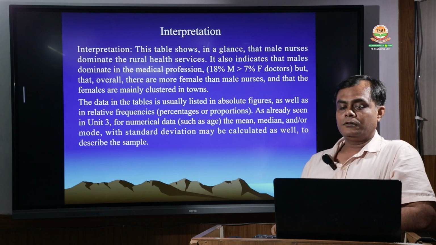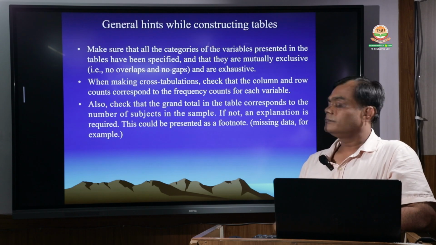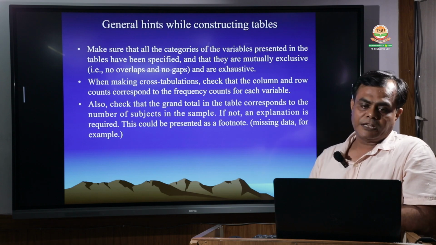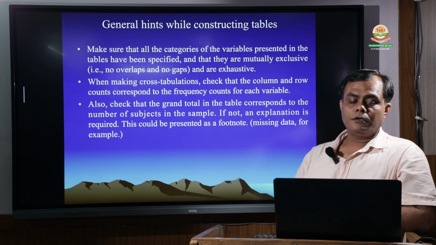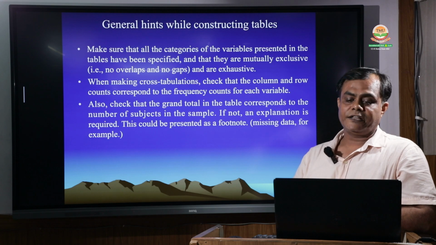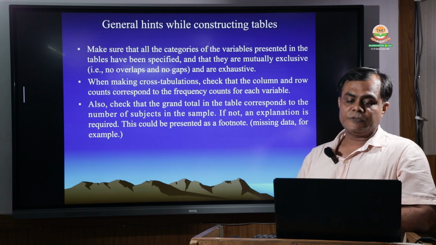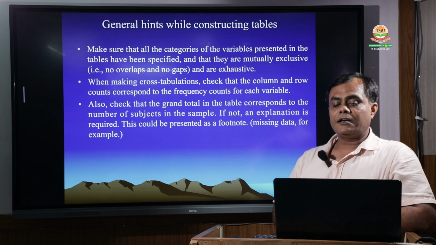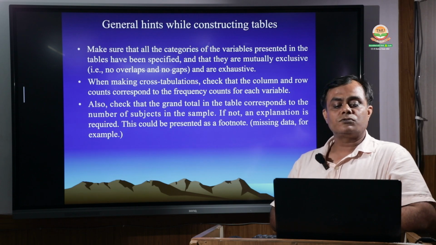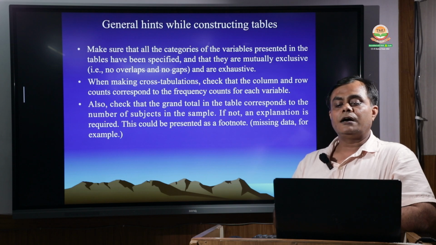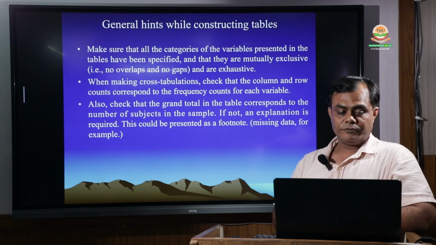Next are the general hints. There are certain general hints while constructing tables. Make sure that all the categories of the variables presented in the table have been specified and that they are mutually exclusive, no overlap and no gap, and exhaustive.